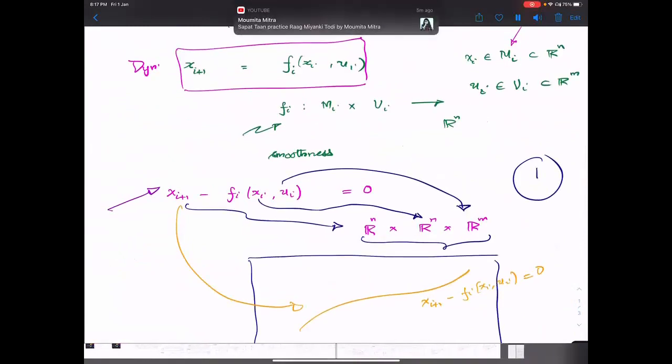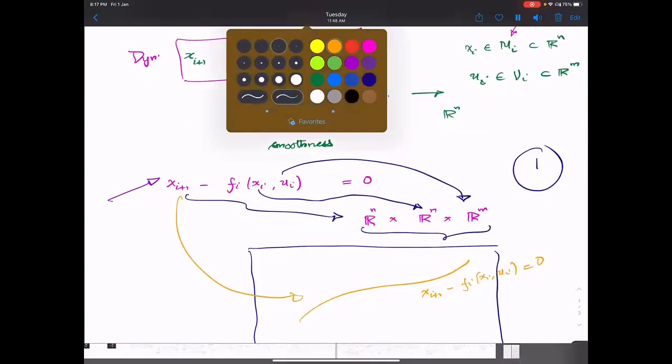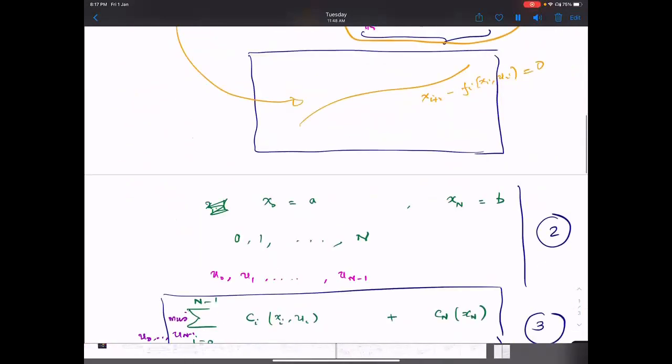And then the controls belonging to some set. So as I said, this dynamics can be looked at in terms of this type of an equation, which operates in a level set in this Euclidean space. Then you have initial and final conditions.